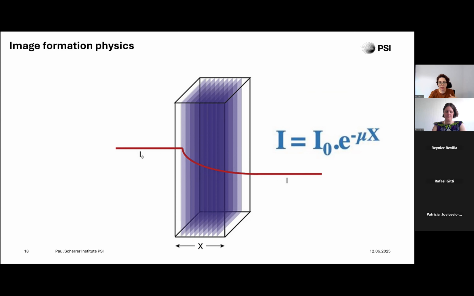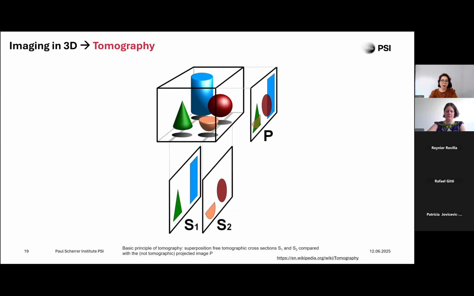Everything is now based on the concept that our image formation mechanism follows this Beer-Lambert law, and that's how we can map the thicknesses or the compositions into gray value changes in the tomograms or in the projections.